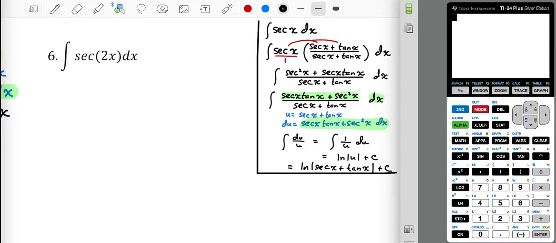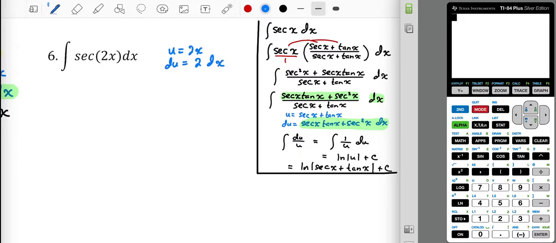Now, what we're looking at in number 6 is secant of 2x. All right, so this is what I call baby u sub. If it's just an x, then it would be the rule, but it only differs by a constant multiple. So it's u substitution, but only on the most minor level. All right, so I would let u equal 2x. du is equal to 2 times dx.